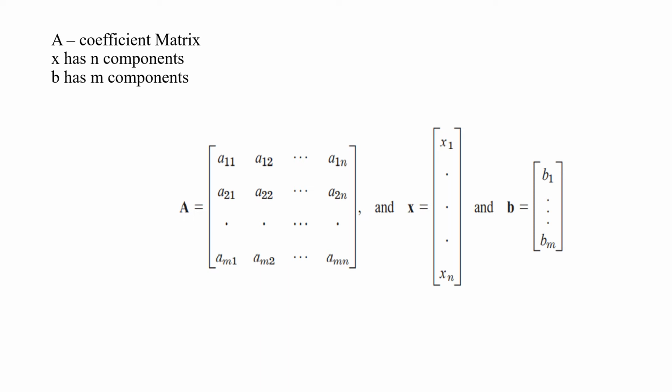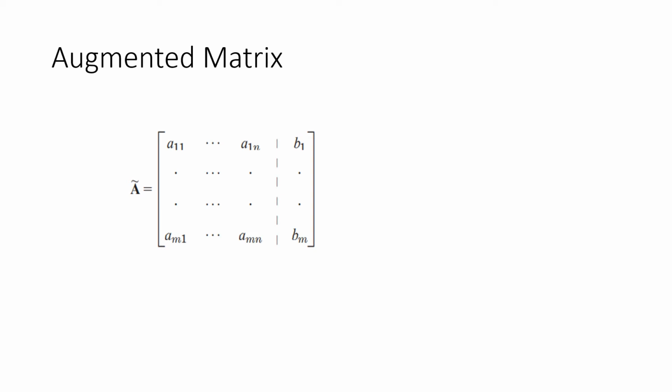A is the coefficient matrix, X has n components if we have n unknowns, and B has m components. The augmented matrix is obtained by concatenating the coefficient matrix with the constant matrix, and it is normally represented using a tilde mark above the matrix name.